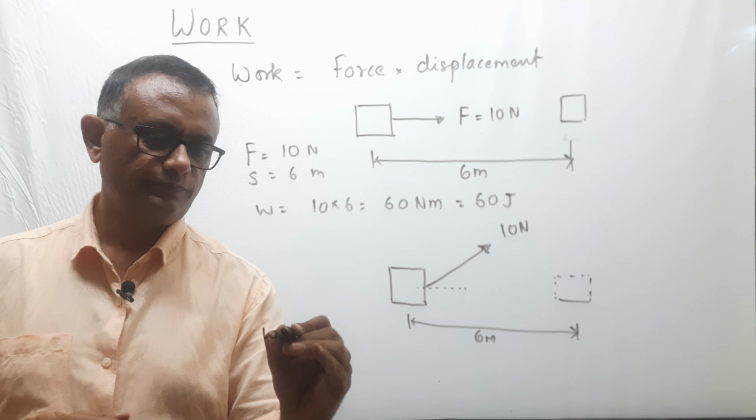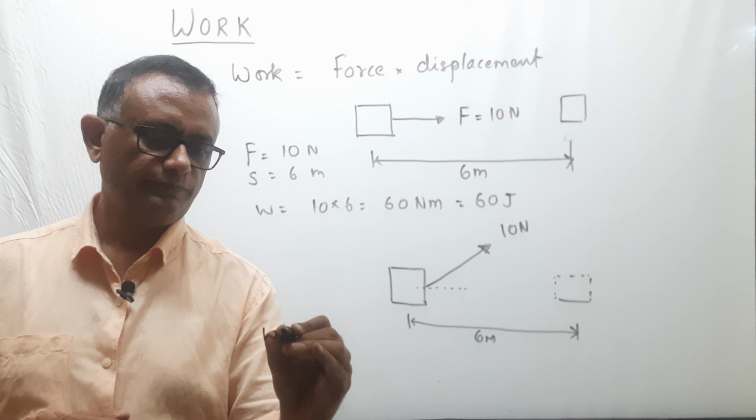And if I ask you to find out the work done, you will say, sir, work is force into displacement. Force is equal to 10 Newton and displacement is 6 meter, and therefore work done is equal to 10 into 6, 60 Newton meter or 60 joule. This would be your answer. And you are right most of the time, to most of the extent.